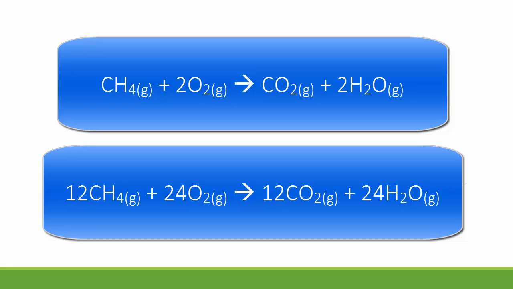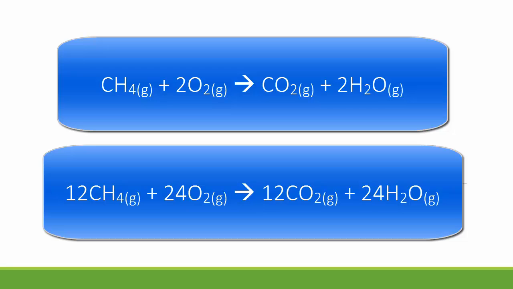But what are the coefficients going to be? Well, 2 times 6 is 12. 4 times 6 is 24. What do you suppose the coefficients on that side are going to be? 2 times 6 is 12, and 4 times 6 is 24.